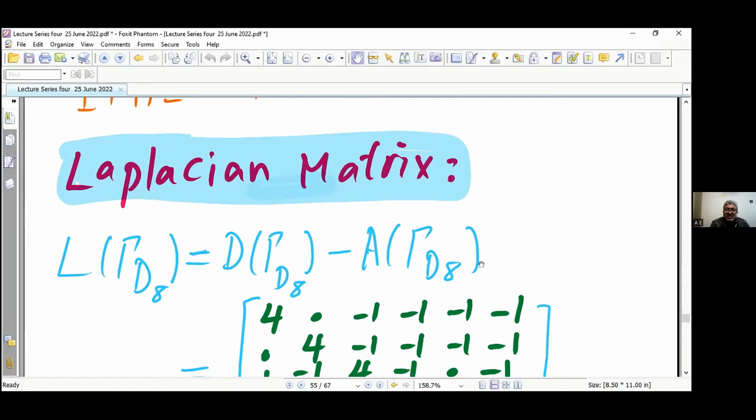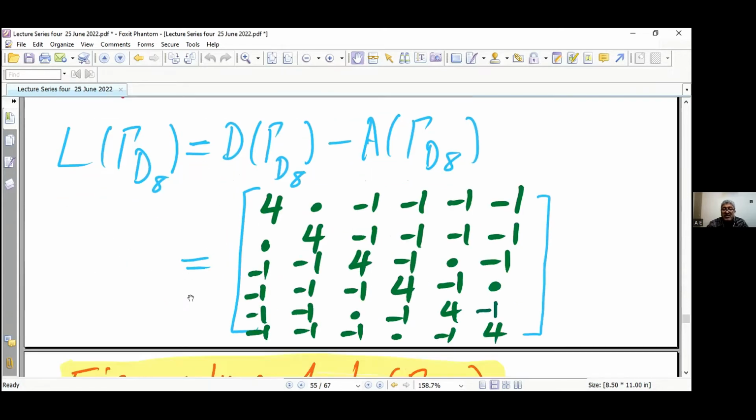It's the degree matrix minus the adjacency matrix. So if we compute this difference, we will get the Laplacian matrix. So here is the Laplacian matrix for the non-commuting graph of the dihedral group of order 8.